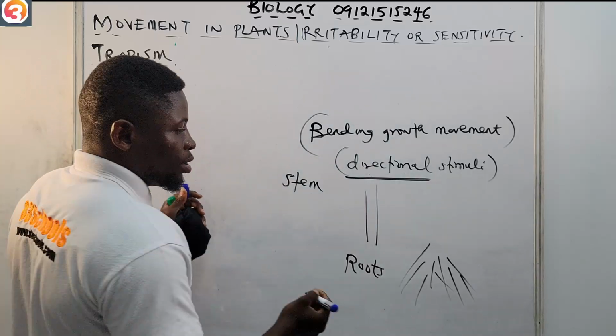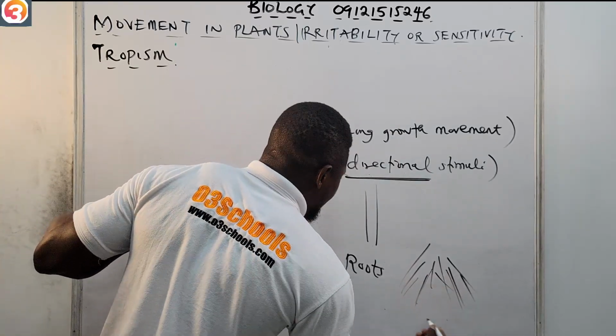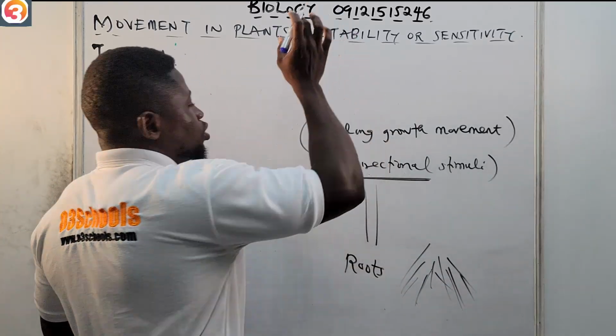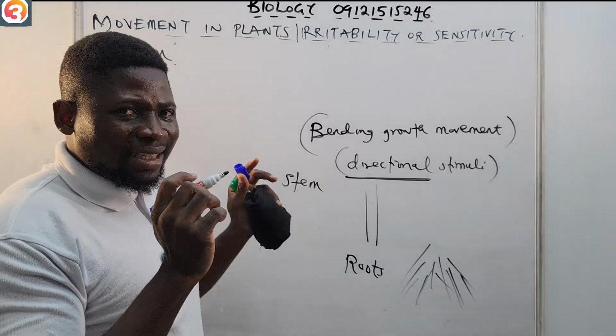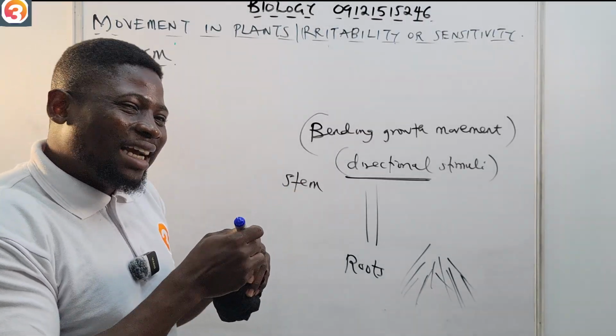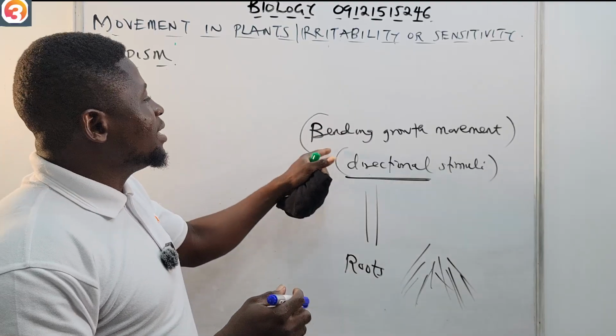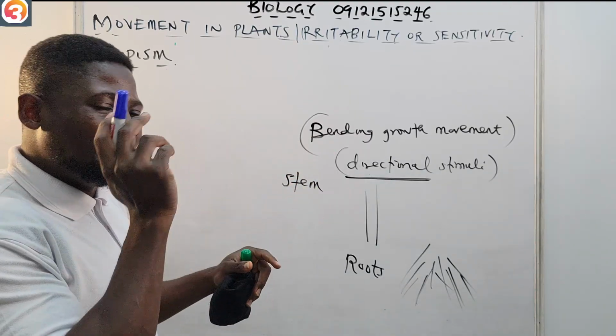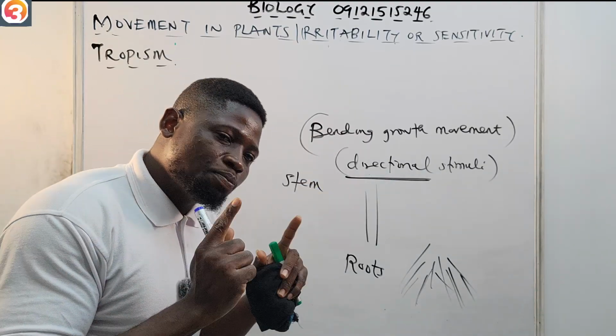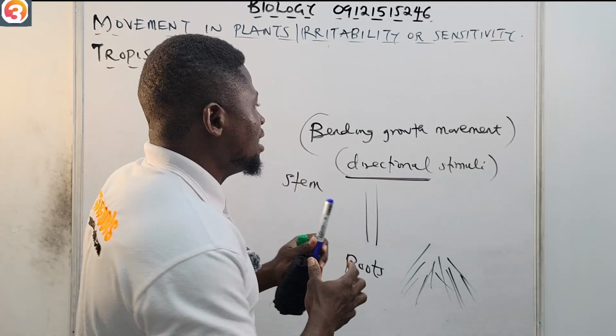Roots of plants grow downwards, while the stem naturally goes up. That is a perfect example of directional stimuli. So that's why we say that tropism is the bending growth movement of a part of a plant in response to directional stimuli.